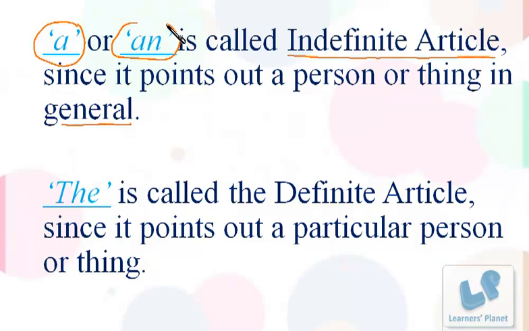They are just random. Okay? And the is called the definite article, since it points out a particular person or a thing. This means that when we use the, we usually talk about some specified thing. Okay?